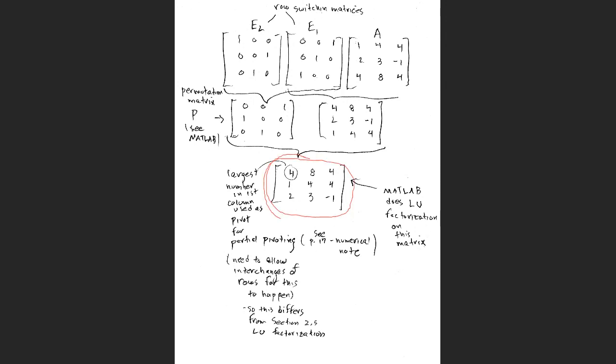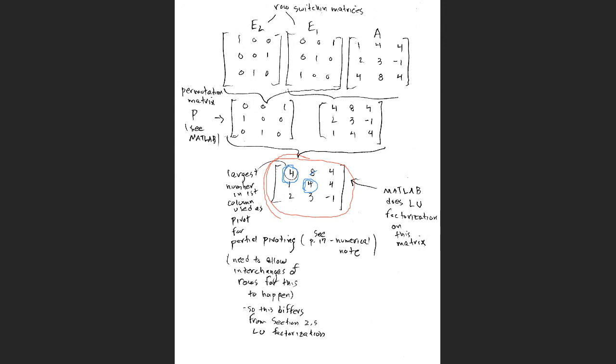And now this matrix is in perfect form for MATLAB because the pivot 4 is at the top of the first column and it's the largest number, and then the next pivot 4 is in the second spot, and it's the largest number. We don't worry about the 8 for getting the matrix in echelon form.